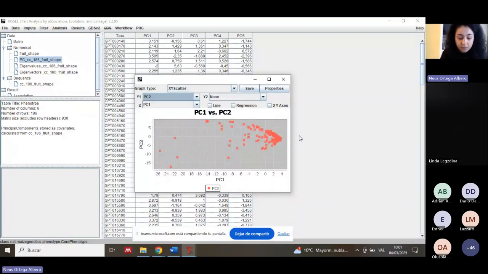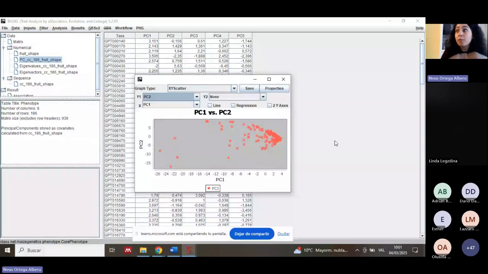That means that maybe the program returns to us some QTLs that are not actually related to the trait, but they have been related just because of some relations between the individuals.